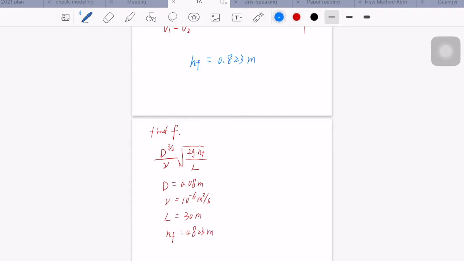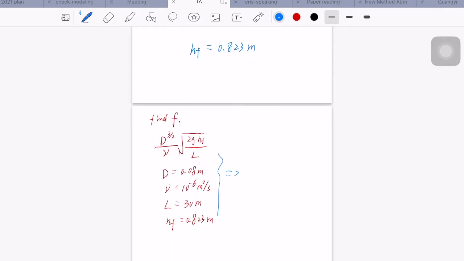So we can determine that D 3/2 times square root of 2G times HF times L should be equal to 1.66 times 10 to the power of 4.